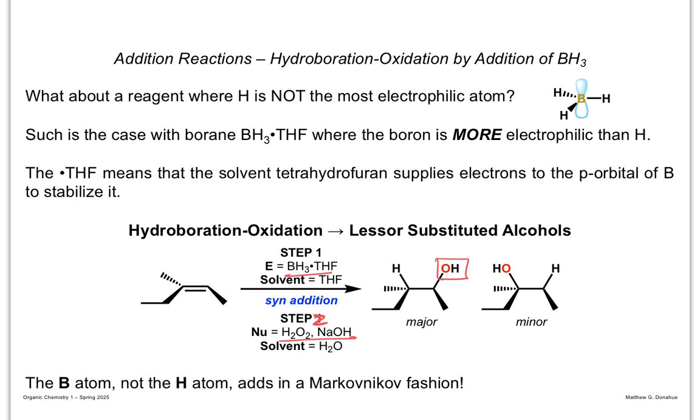So hydroboration oxidation gives you an alcohol, but as compared to that hydration reaction, one of the first ones we saw on Monday, this is now the lesser substituted product. So the major product is now a secondary alcohol.